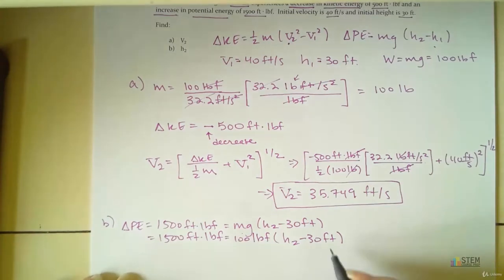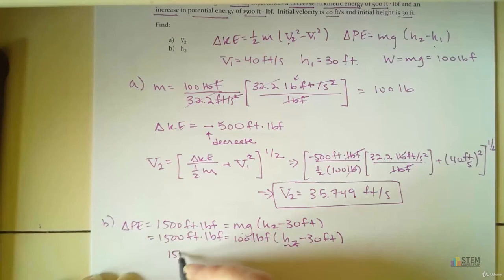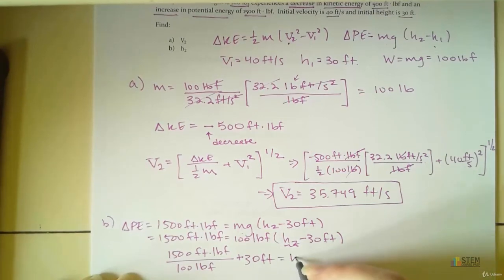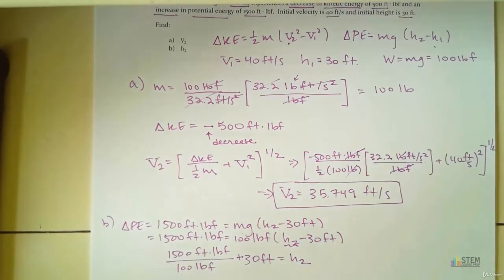Now that we've got this, we can reorganize this equation to solve for h2. So we're going to have 1,500 foot-pound force. Let's divide by the 100. And then move this 30 over. Like that. And then that'll equal h2. So h2 is what we want. So let's check the units out, because that's always a good way to see if you're doing it right.